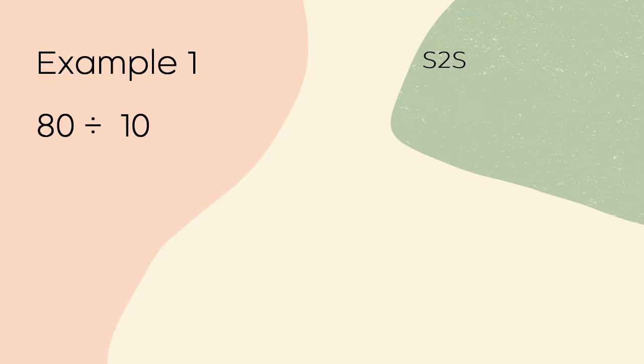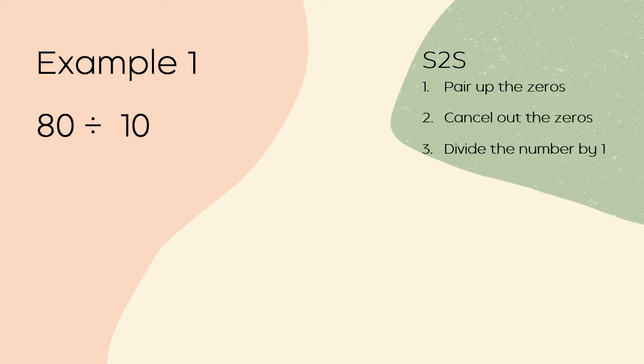Example 1, 80 divided by 10, our S to S on the side. Step 1, step 2, and step 3. Now, when it comes to division, you don't necessarily need to use the long division.